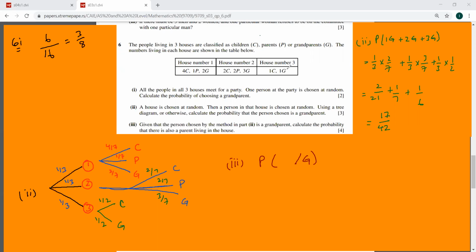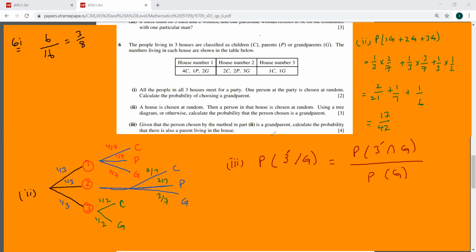So that means this can be house number 1 or house number 2. I'm just going to write here 3 dash, meaning it is not from house number 3. So this is going to be the probability of 3 dash and G over the probability of G.